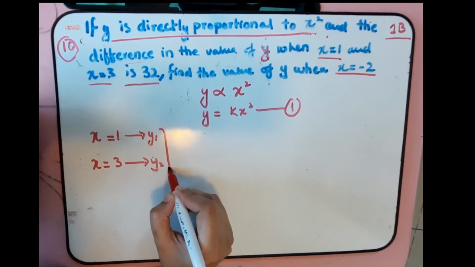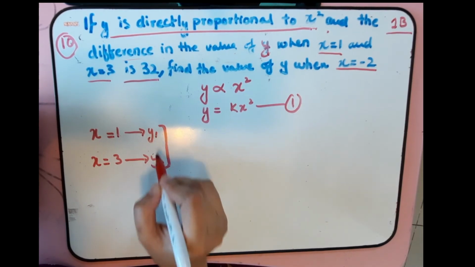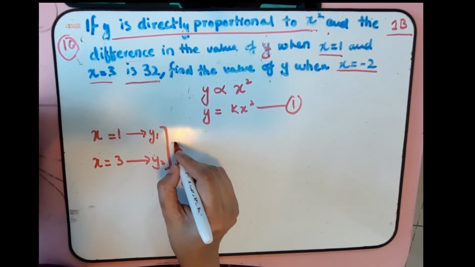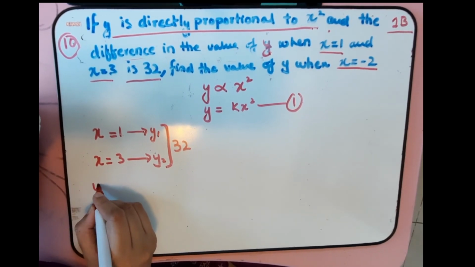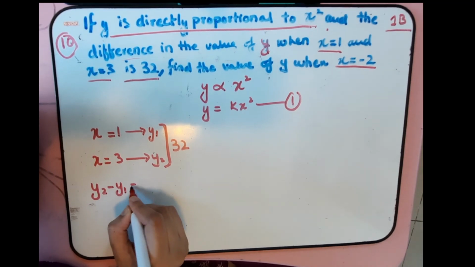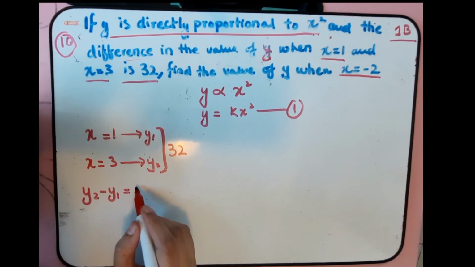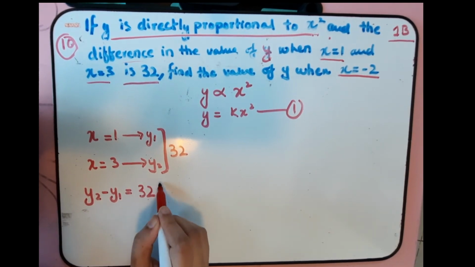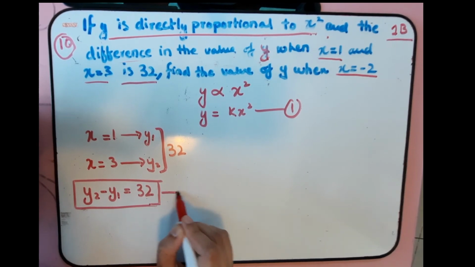Their difference is 32, so we can write y2 minus y1 is equals to 32. Let's call it a.